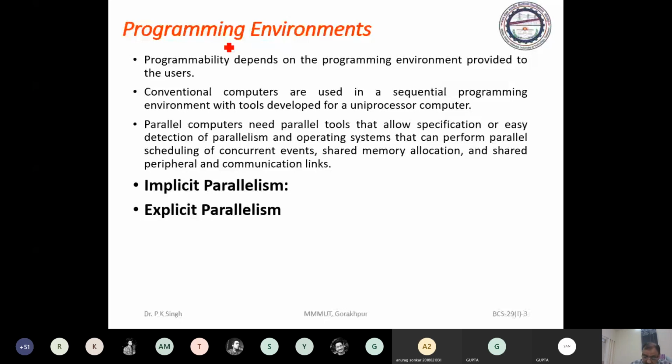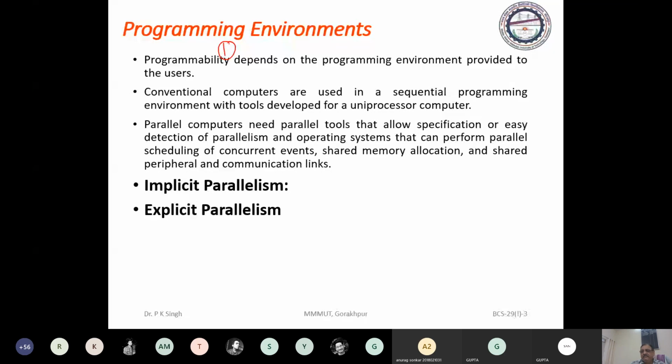The first method is you put this task on the programmer. The programmer will extract the parallelism in the problem for which he wants to write a program, and use the language constructs to express the problem for its parallel execution.